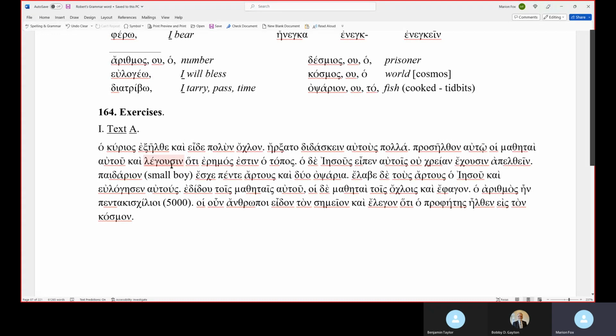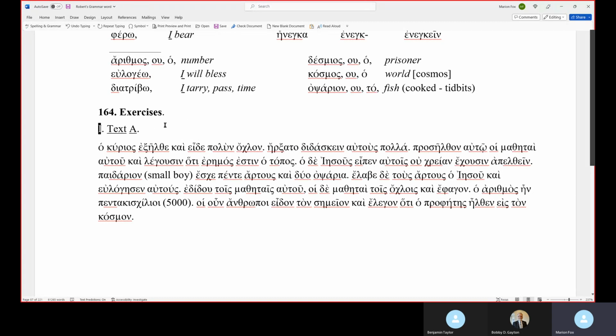And they said that what? This place is a wilderness. Yes. Here's the thing about this. Have we had eimi yet? Yes.